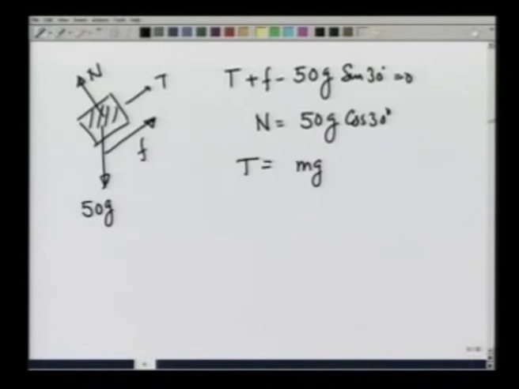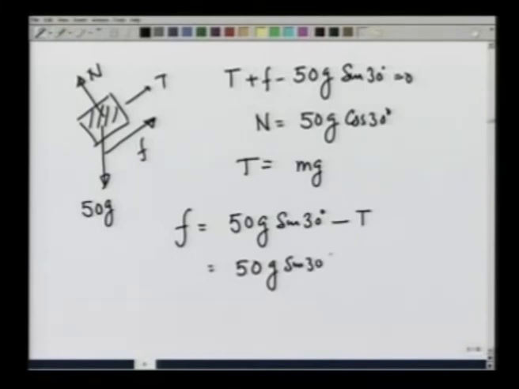Putting it all together gives me F is equal to 50 g sine 30 degrees minus T, or 50 g sine 30 degrees minus mg.